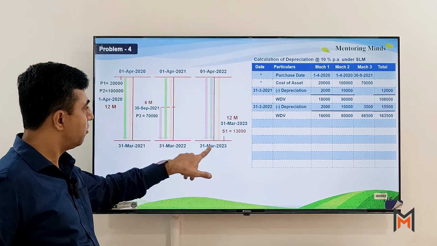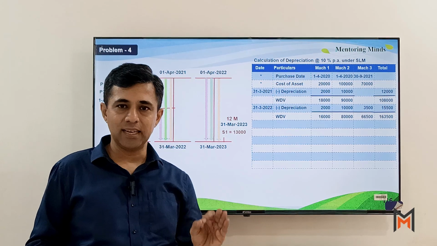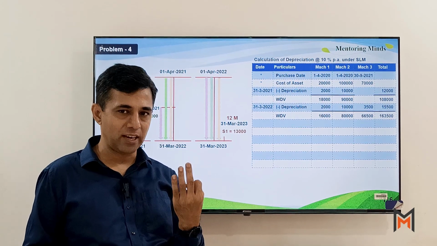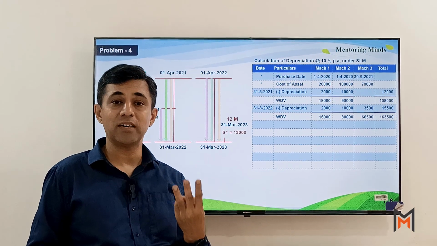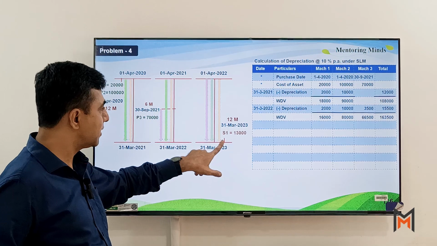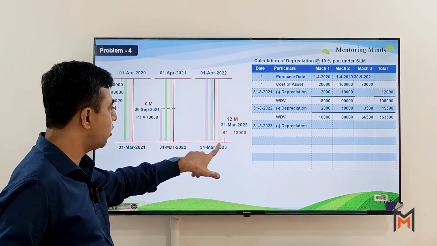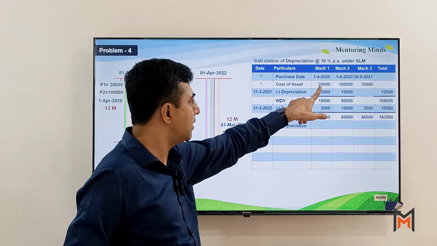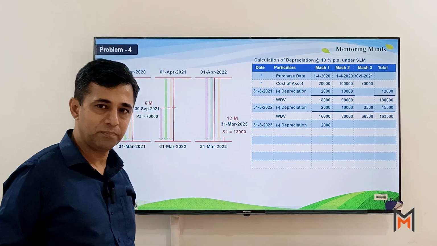In the third year we are selling the first asset. Remember, whenever we are selling an asset we basically require three values: depreciation amount, sale proceeds and the third one is profit or loss. So let's see, first of all we are selling the first asset on 31st March. So we will charge depreciation for 12 months, that is 10% of 20,000 is 2,000.